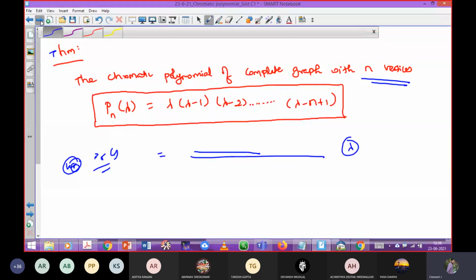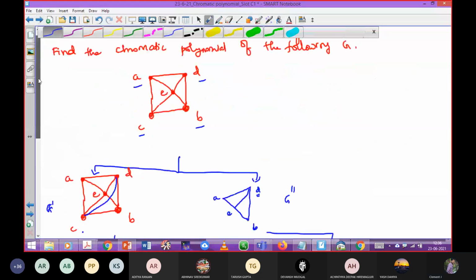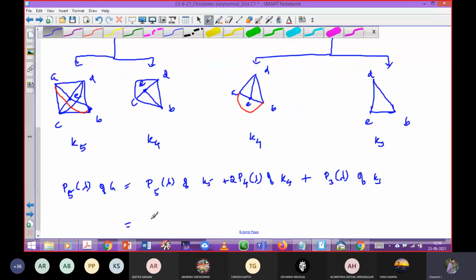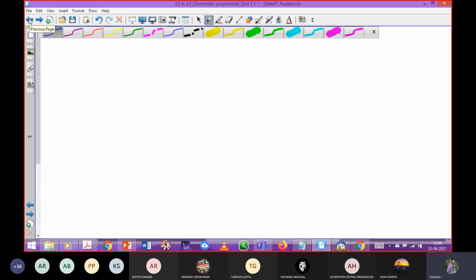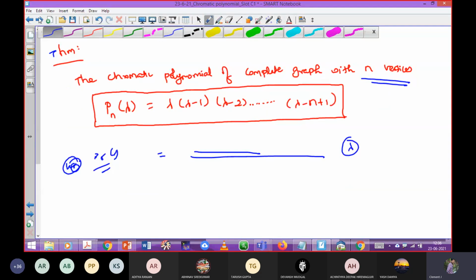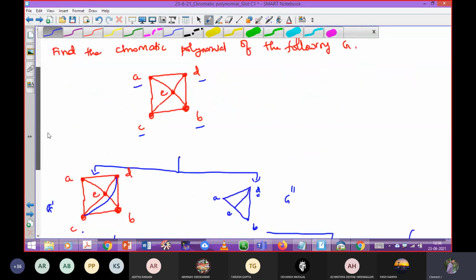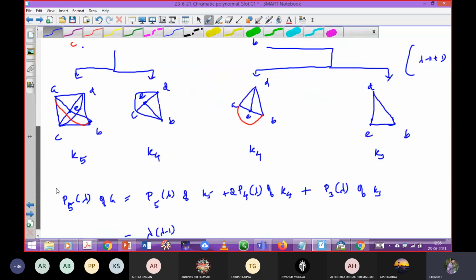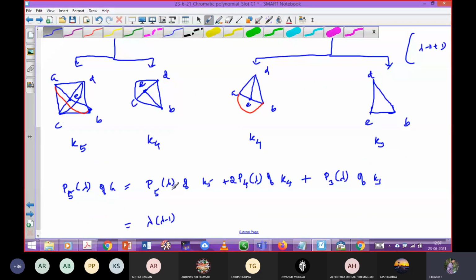Here the n value is 5 on the first graph, so minus 5 plus 1, so lambda minus 4, right? So lambda minus 2 into lambda minus 3 into lambda minus 4.